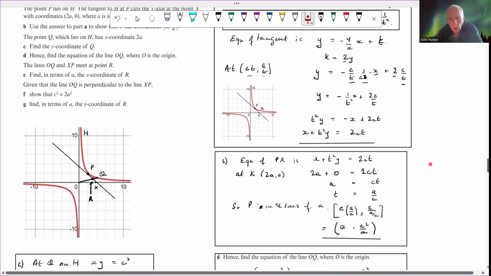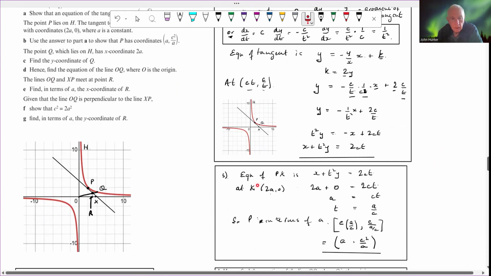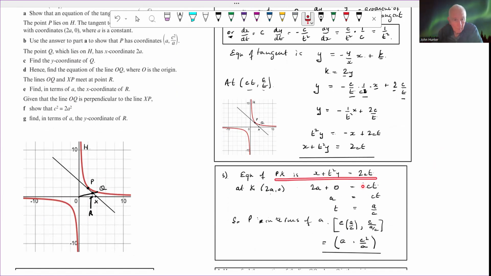Right, so that's the equation of the tangent, or PX as it's drawn here. And then if we just substitute in there the coordinates of X, then we're actually going to see that t is equal to a over c.